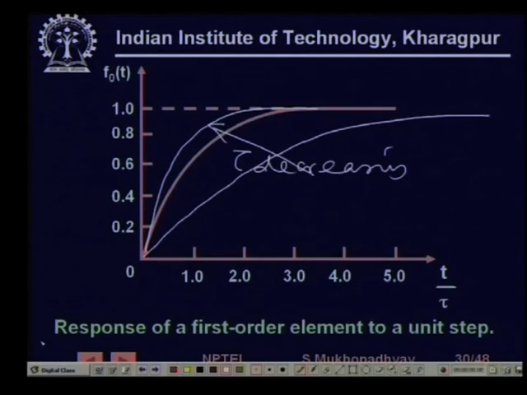So, since most arbitrary waveforms can be thought of as a sum of sinusoids, sine and cosine waves, it is very useful to characterize the response of the instrument to a sinusoid of different frequencies. So, this is called a frequency response, and this is very important for an instrument.